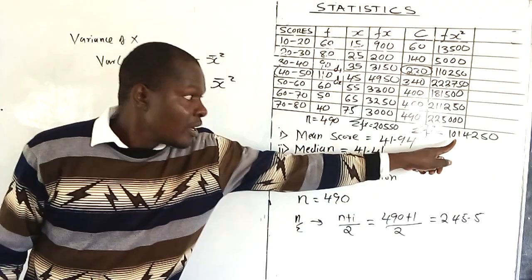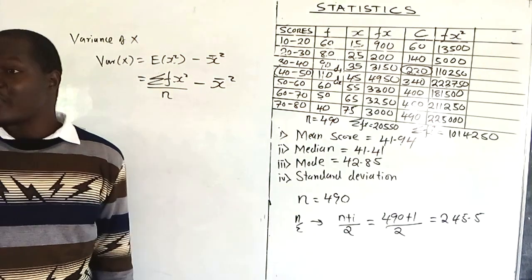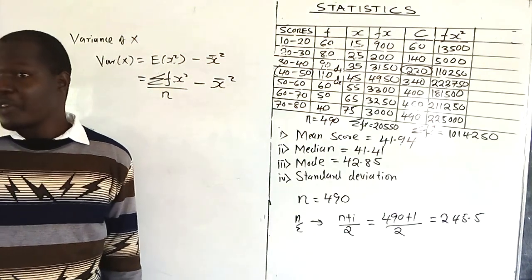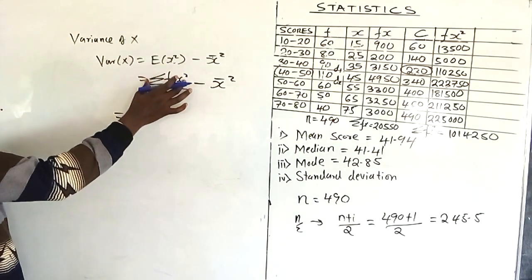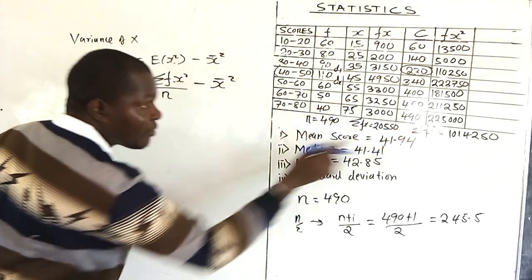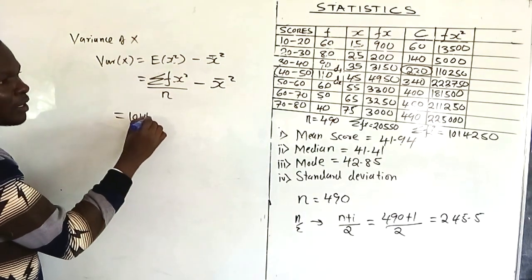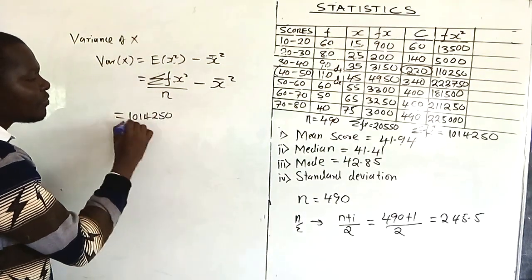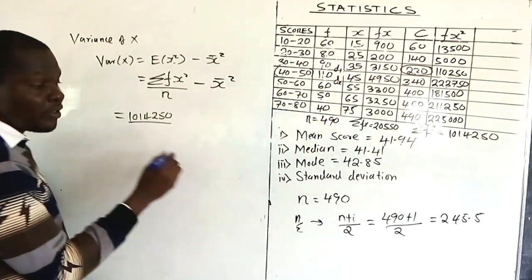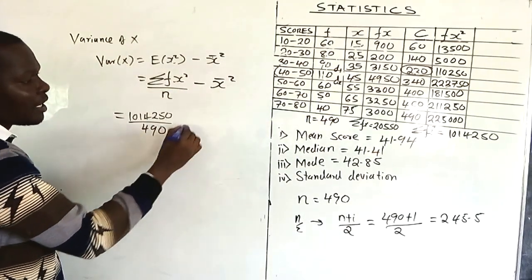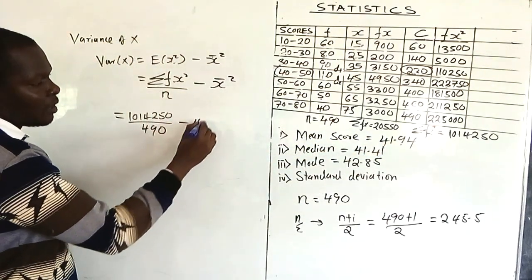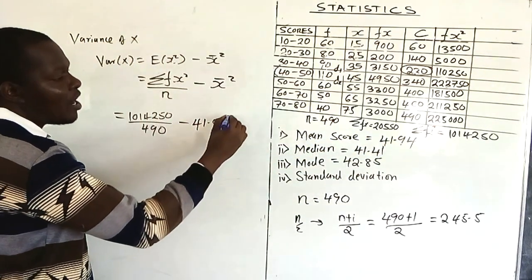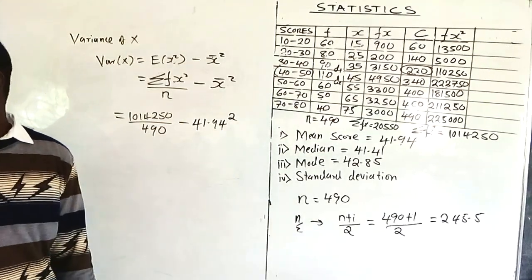So you end up with 1,014,250. So at the end, what do we have here? You substitute. The summation of fx squared is 1,014,250, over the total number n, which is 490, isn't it? Then minus the mean squared. The mean you found to be 41.94 squared, isn't it?